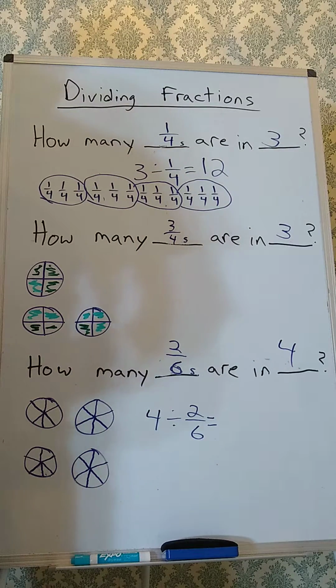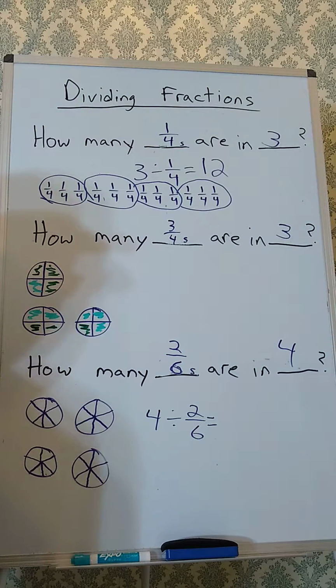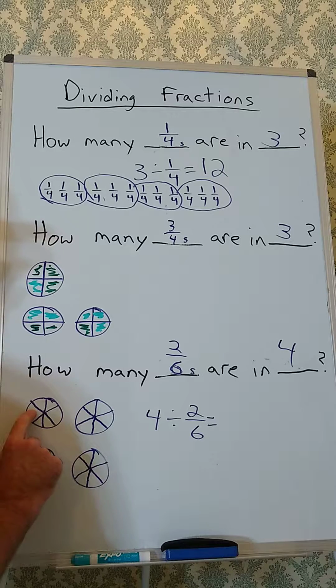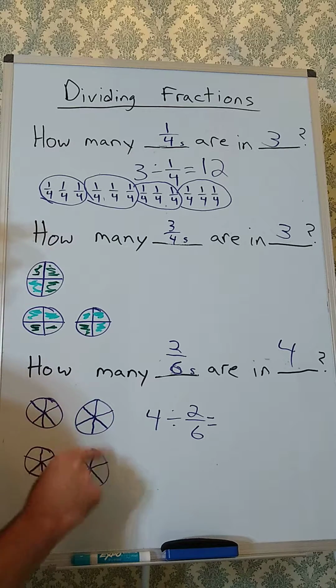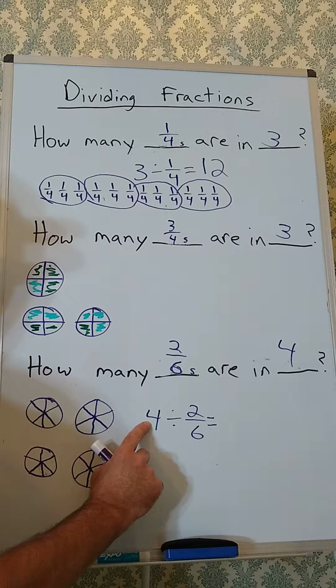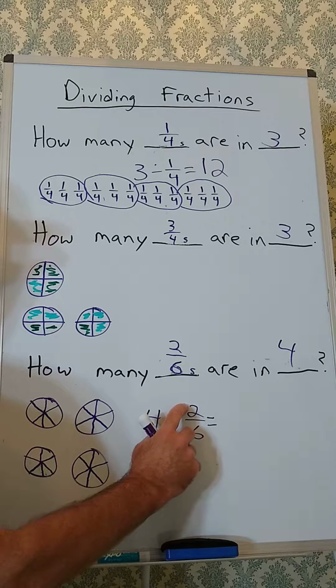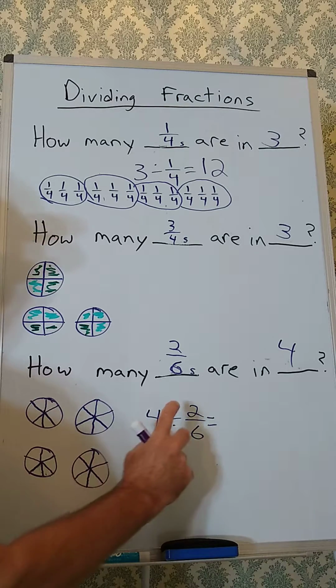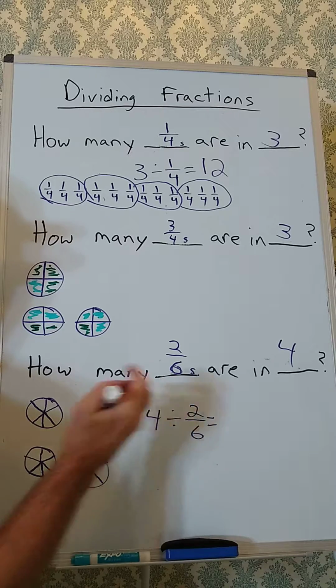How many people will be able to eat 2/6 of a pizza? Well, let's first of all think about how many sixths do we have? Each whole has 6/6, so 4 wholes has 24/6. But we're not trying to see how many sixths are in 4, but how many 2/6 are. So there are 24/6, but we're going to be dividing them into groups of 2.